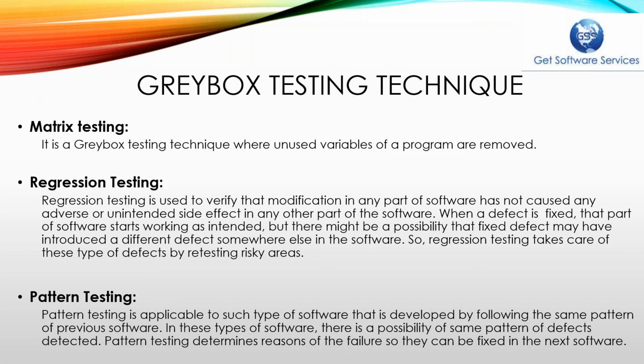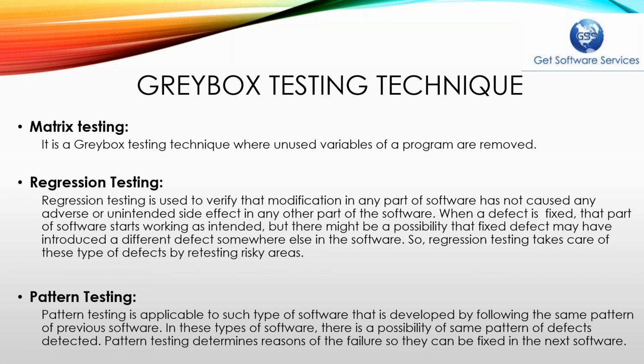To ensure that there is no side effect on the existing functionalities, I do regression testing. It will take care of defects in the risky area, because when a change is done, it might introduce some new defects and we need to find those defects. Regression testing can be done on the application side. At the same time, you can go and check the design of the application as well.